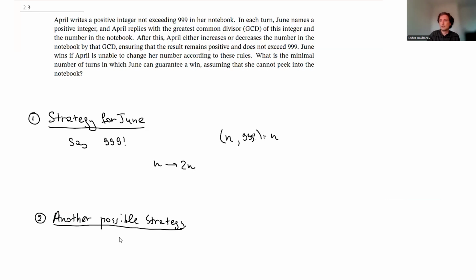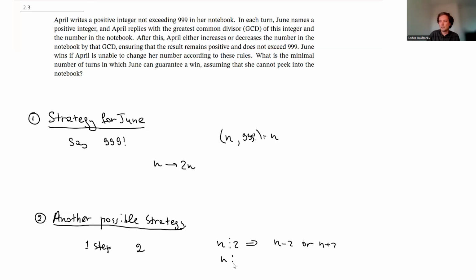For example, on the first step, to say 2, and if April has a number n which is divisible by 2, then she will make n minus 2 or n plus 2.